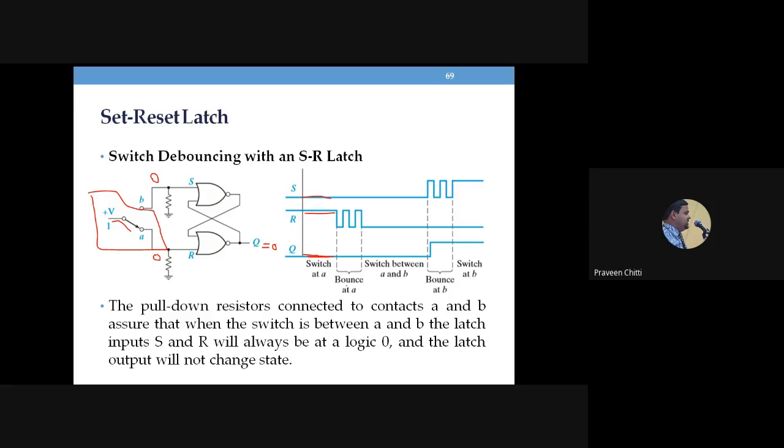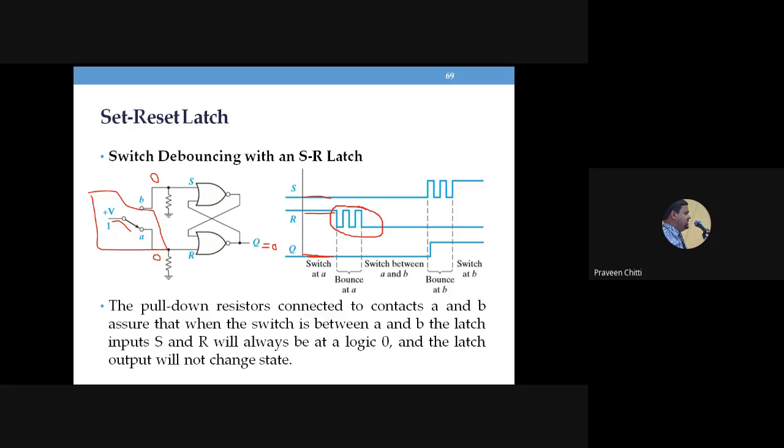Now, before this particular switch settles down, if I want to remove the switch contact from A, then before it assumes its final value, there will be several openings and closings. Those openings and closings are shown here.